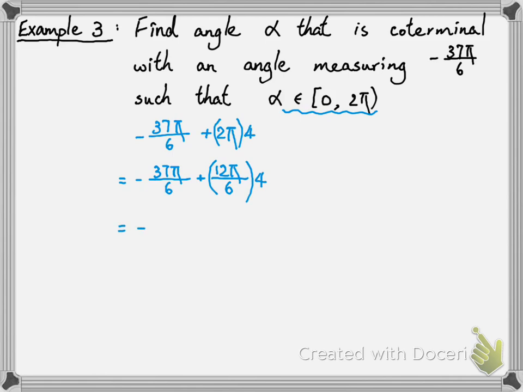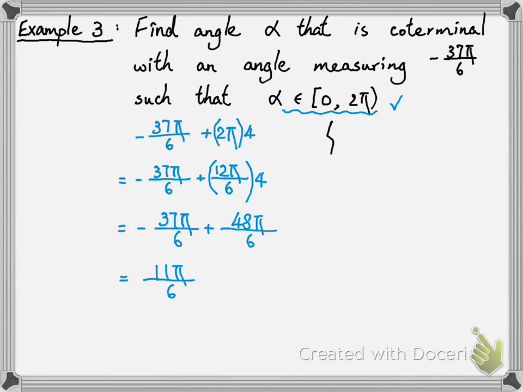By doing that, we will have negative 37 pi over 6 plus 48 pi over 6, and we will have the outcome of 11 pi over 6. That falls within 0 to 2 pi, and that is our answer. Our conclusion is negative 37 pi over 6 is coterminal with 11 pi over 6.